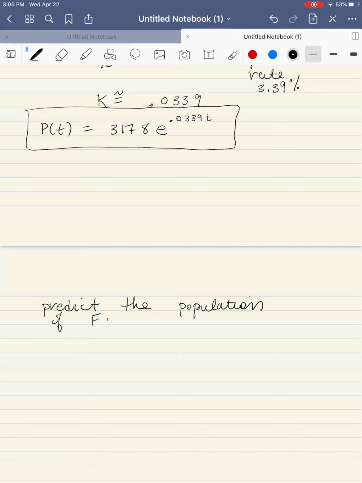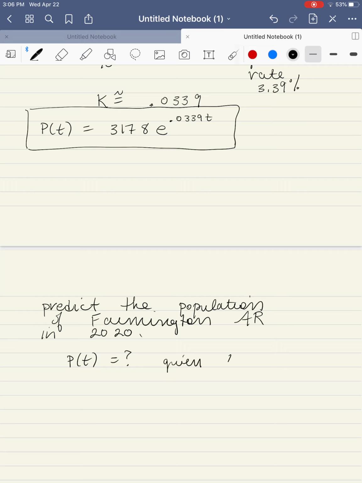Once we have that exponential function, let's say I wanted to predict the population of Farmington using this growth model in the next census year, 2020.